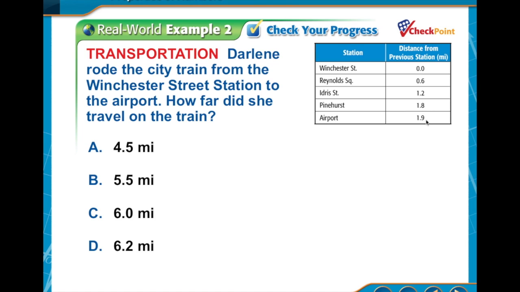And 3.6 plus 1.9 would give me 5.5. So there we have our solution. She went 5.5 miles total from Winchester Street to the airport.